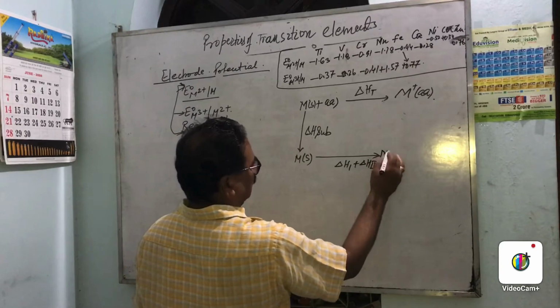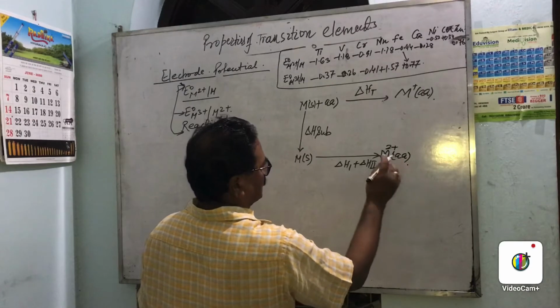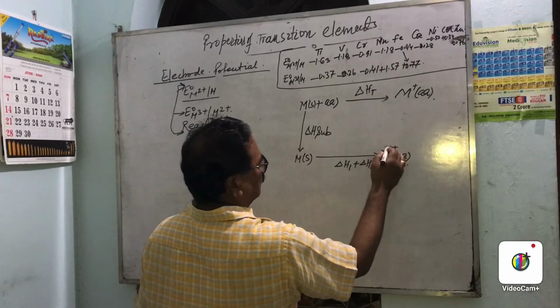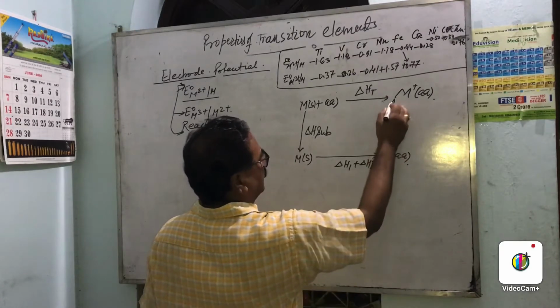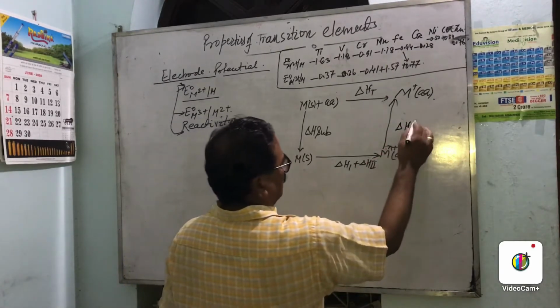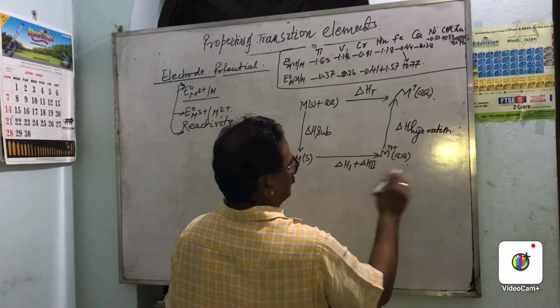This is M2 plus aqueous, and this is Mn plus. Here is delta H hydration.